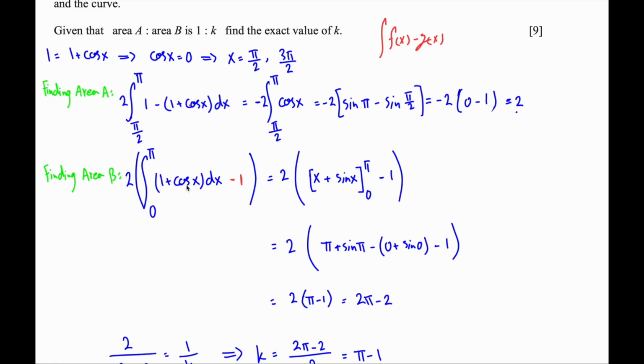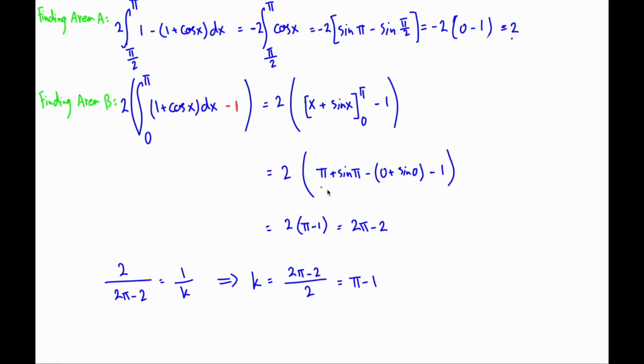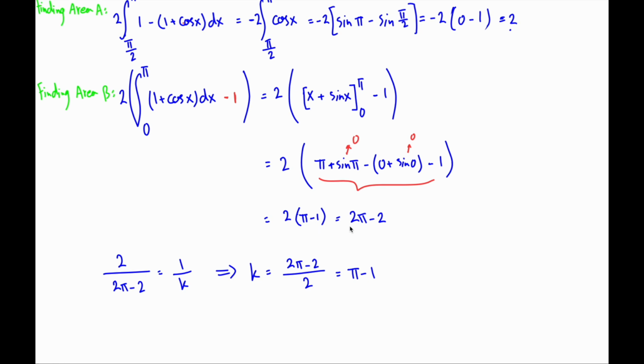The integration of cosine x is sine x, and after you apply the limits of integration from 0 to pi, you get pi plus sine pi minus 0 plus sine 0, minus 1, and this whole thing comes out to be pi minus 1, because sine of pi is 0, sine of 0 is also 0. So I have pi minus 1. You need to double that, you get 2 pi minus 2.